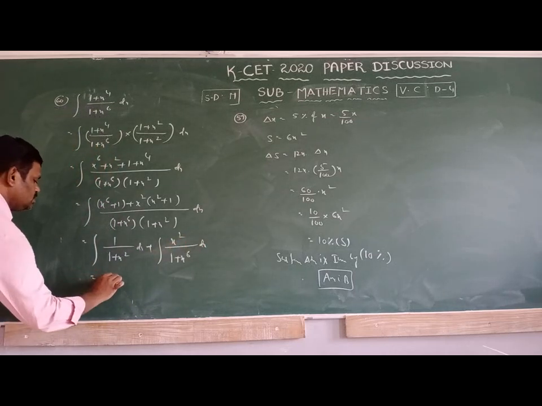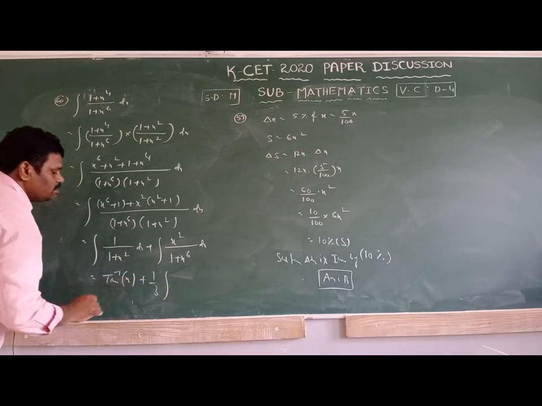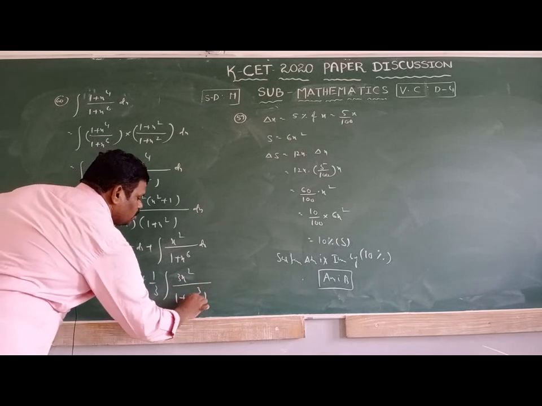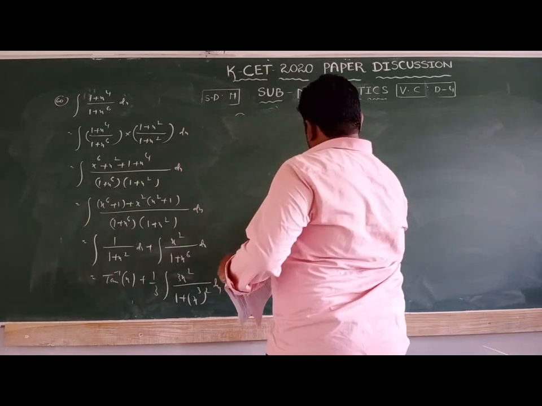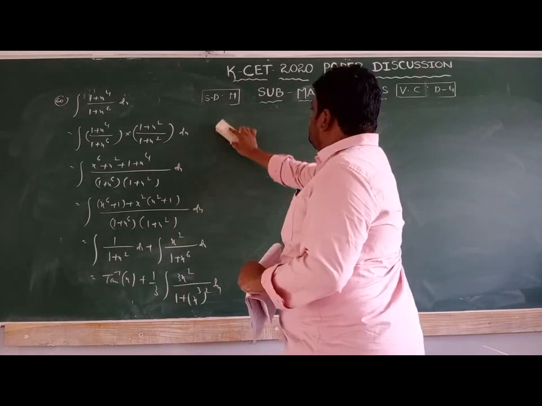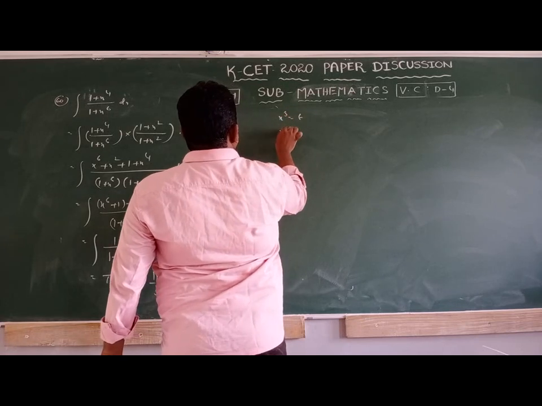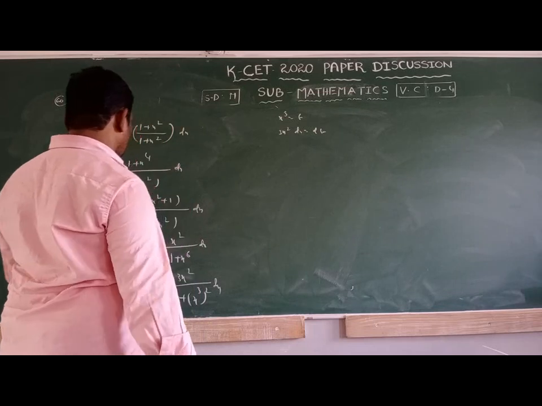Now this integration gives tan inverse of x. Next, multiplying and dividing with 3, we get 3x square by x cube whole square dx. Now we take the substitution: x cube is equal to t, so 3x square dx is equal to dt.